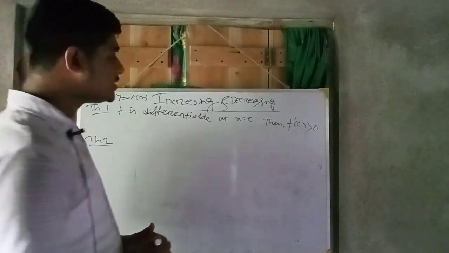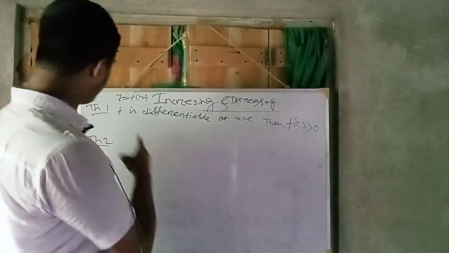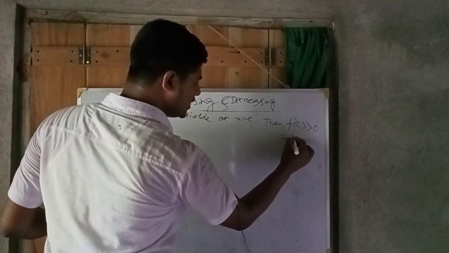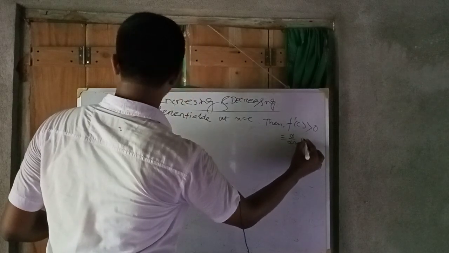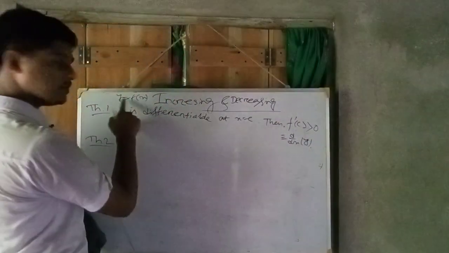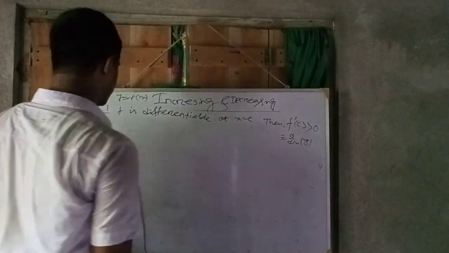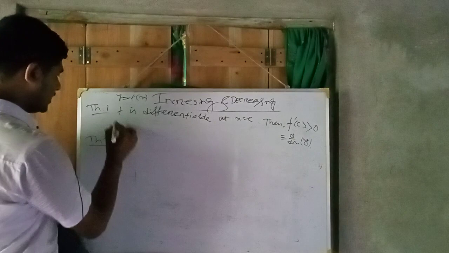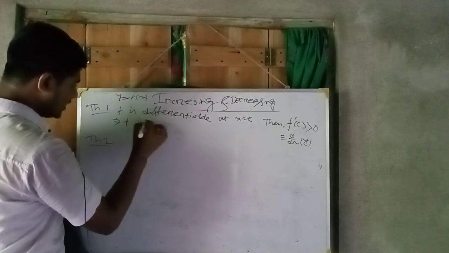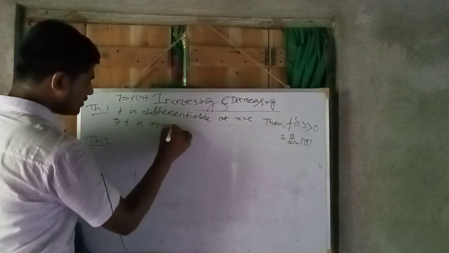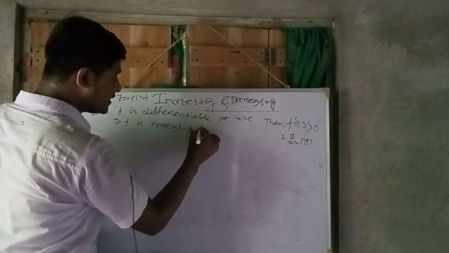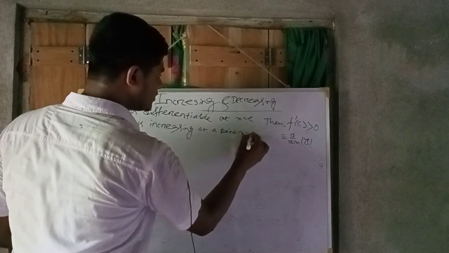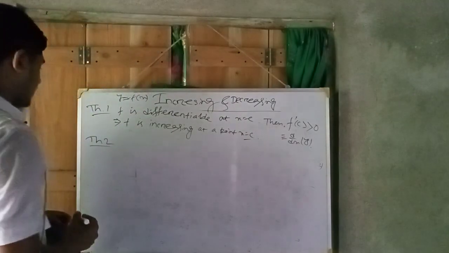Here f dash represents the first derivative of the given function y equals f(x), so f dash x equals d/dx of y. So f dash c at the point c is greater than 0 implies f is increasing at the point x equals c.